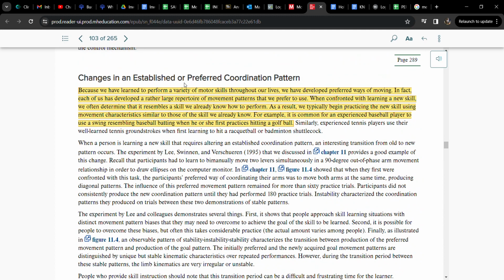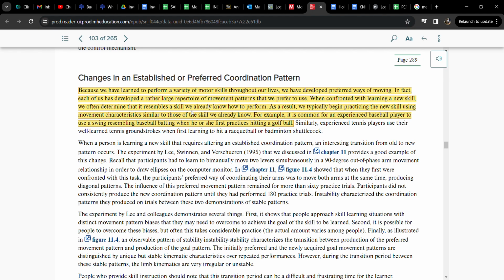Next is changes in established or preferred coordination pattern. We all have ways that we like to do things, but it may not be the best way of doing the skill. So what we want to see is that you either integrate your preferred movement pattern into the skill and make it work for you, or you change that preferred coordination pattern in order to match the skill that you need, right? Basically, when we get confronted with a new skill, we try to match it to a skill that we're comfortable with.